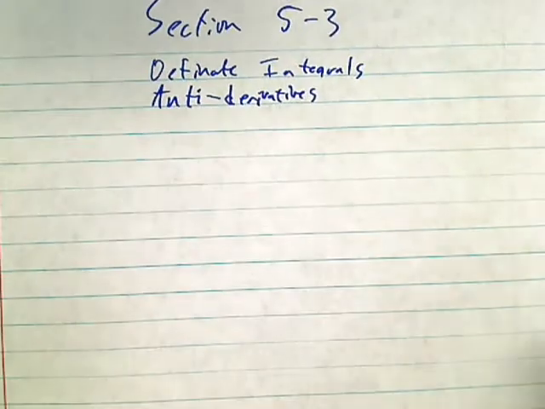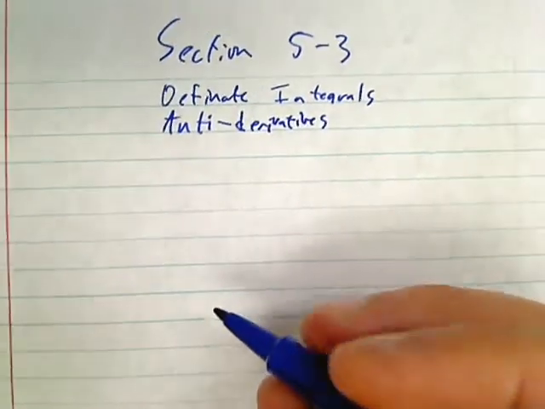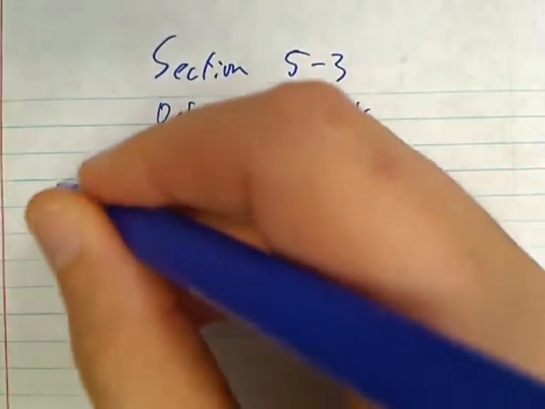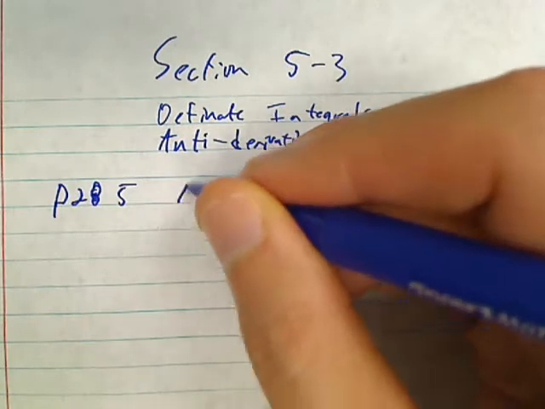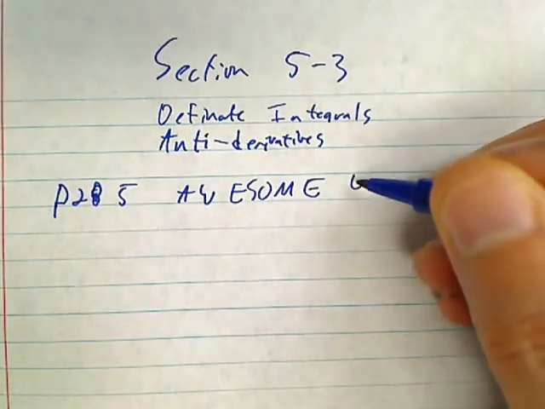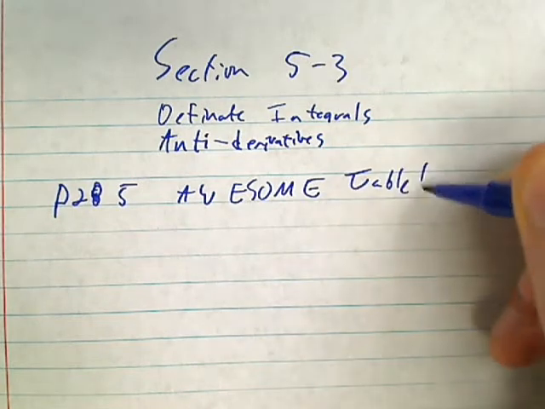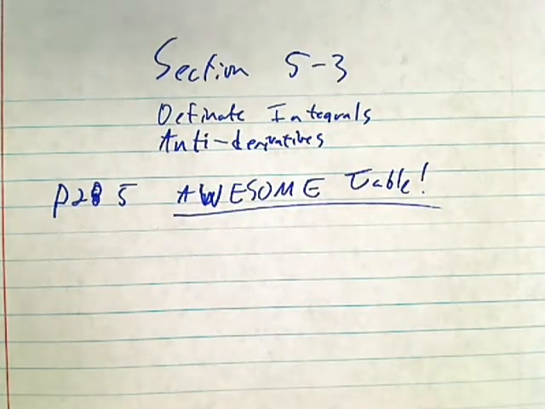Okay, so first thing I want to note is that on page 285 there's an awesome table. It has a lot of just facts in general about integrals, and it's very similar to the derivatives.